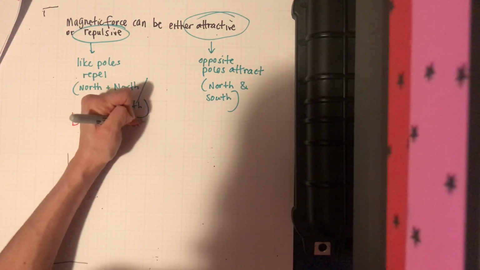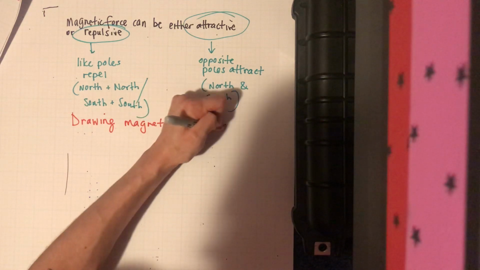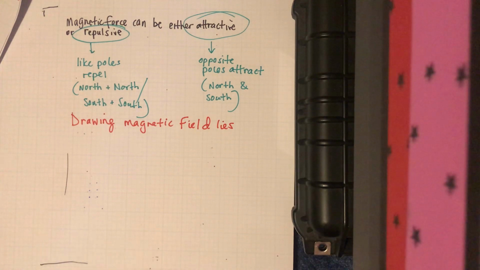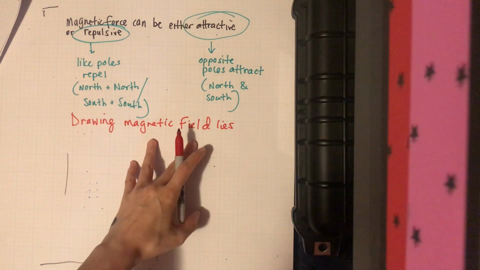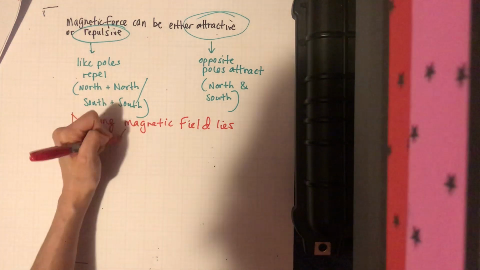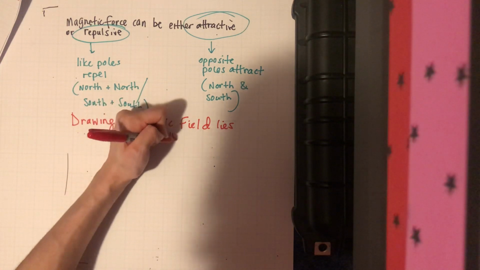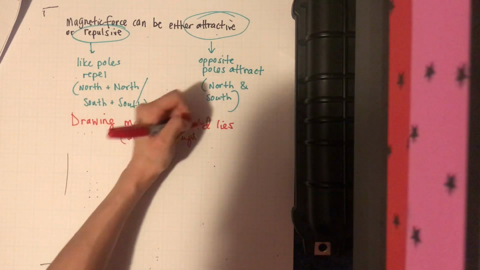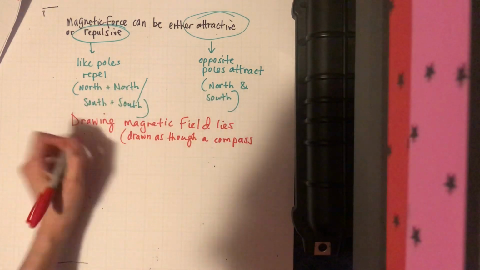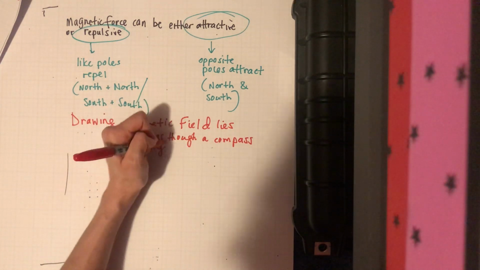Drawing magnetic field lines. And before we can talk about drawing magnetic field lines, I want to just mention that these are always drawn as though a compass is being moved around a magnet or a set of magnets.